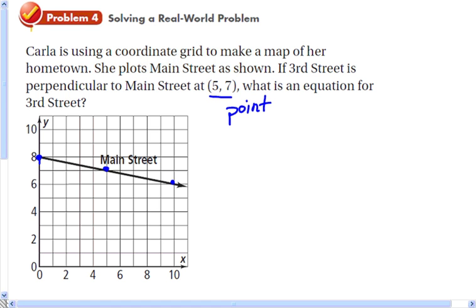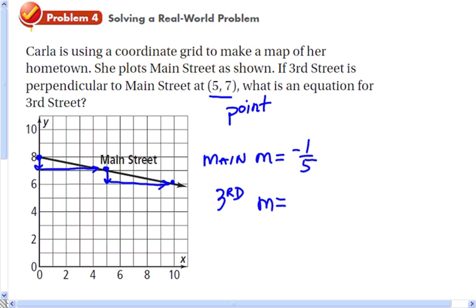And so I think that my slope is going down 1 for every 5. So Main Street's slope equals -1/5. So the slope of the other street perpendicular to that, 3rd Street, is the opposite reciprocal.